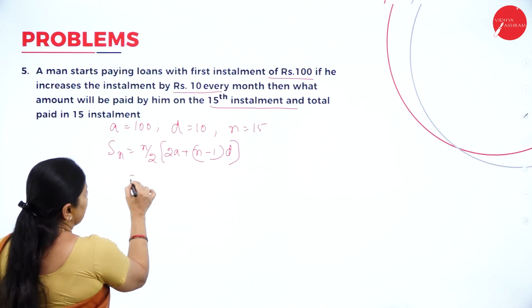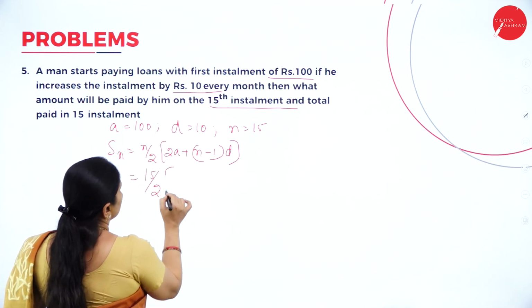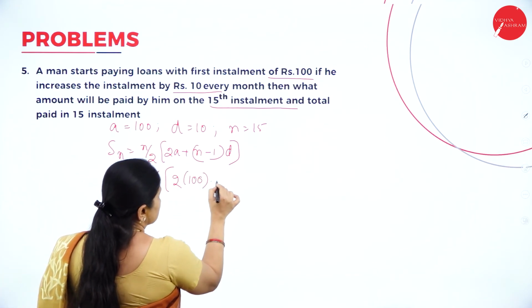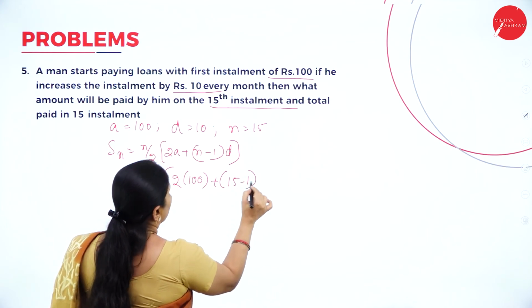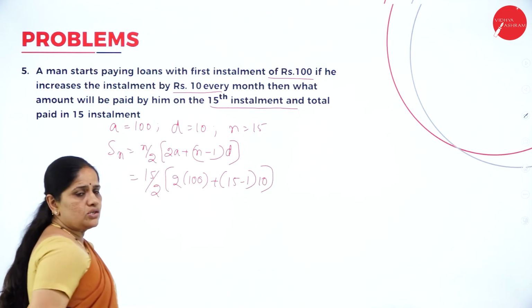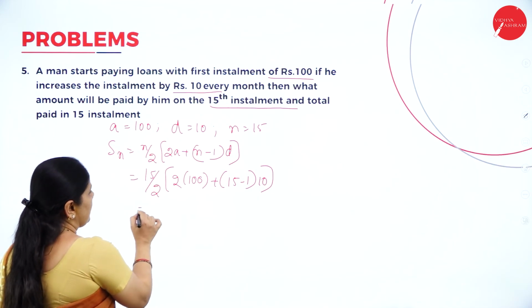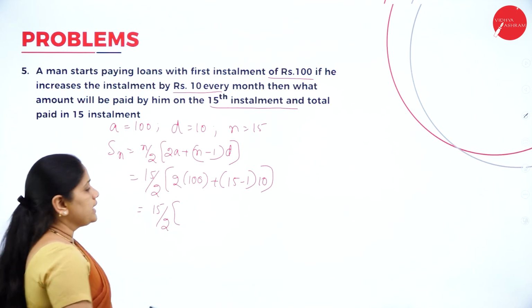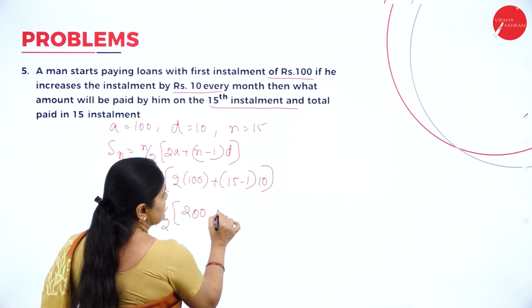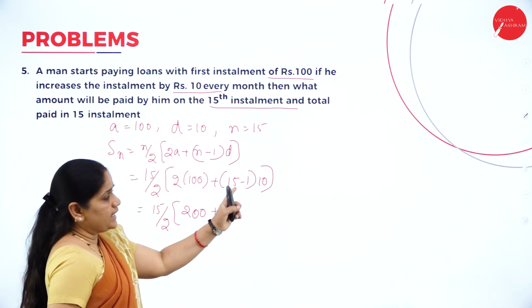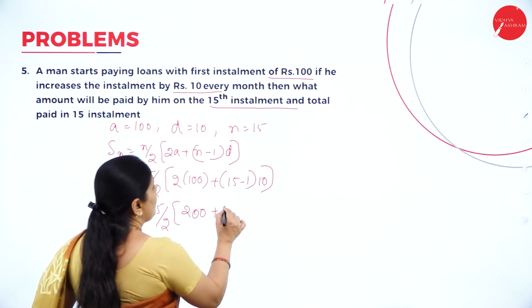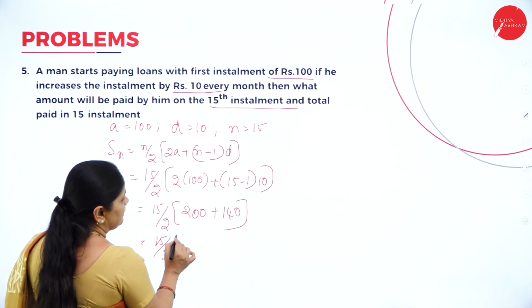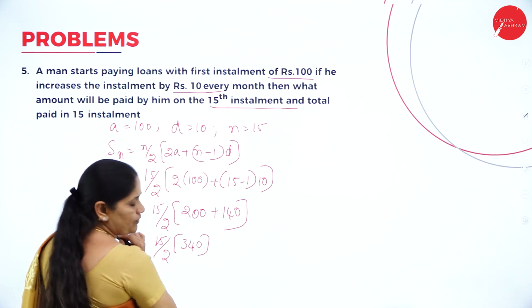N, what is n here? 15 divided by 2 into 2 into 100 plus 15 minus 1 into 10. So when I simplify this, I get 15 divided by 2 into 2 into 100 is 200 plus 15 minus 1 is 14. 14 into 10 is 140. So this will be 15 divided by 2 into 340.